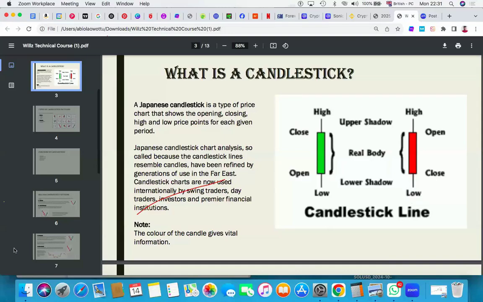It's almost quite impossible for you to see a hammer in an uptrend. In most cases, what you will see is a bearish or inverted hammer. So let me show you practically what I'm saying, even from the slide, right?